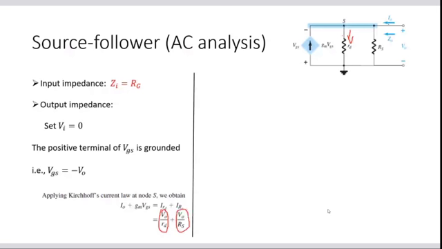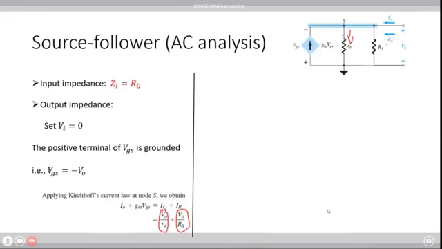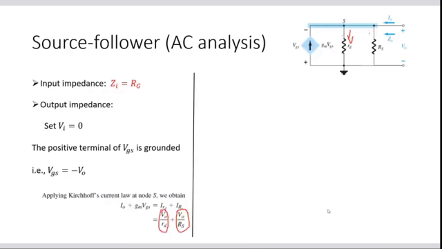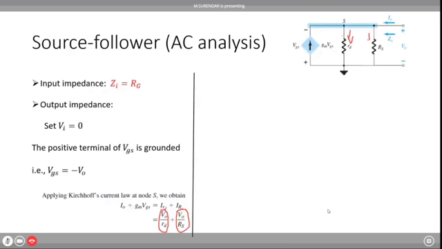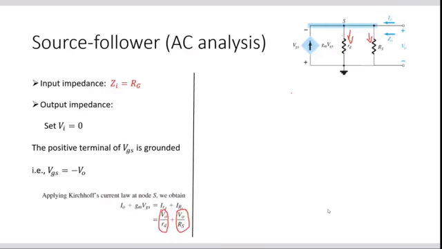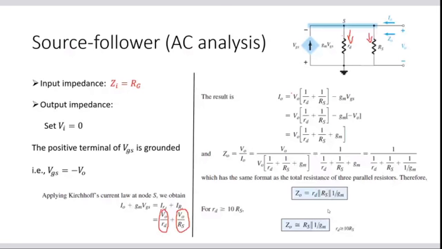So the voltage drop across this is V naught, and the current through this RS is V naught divided by RS. Okay, two things are over. I'm taking the derivation directly from the book, because in the book itself it is given very nicely.